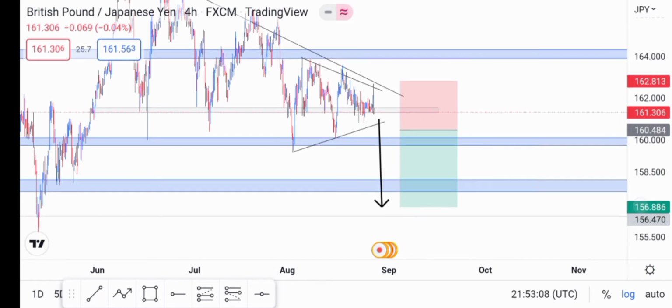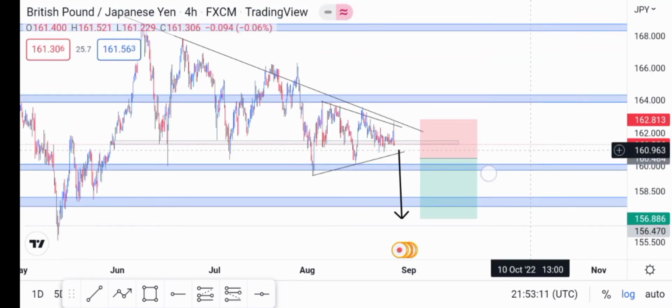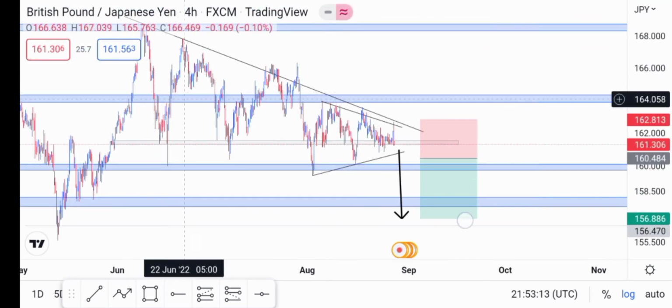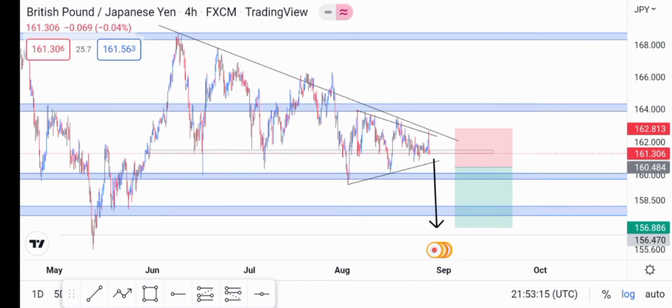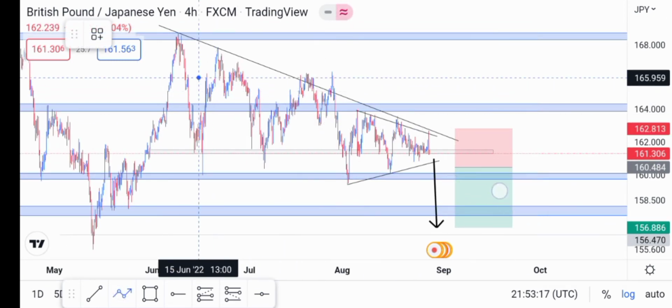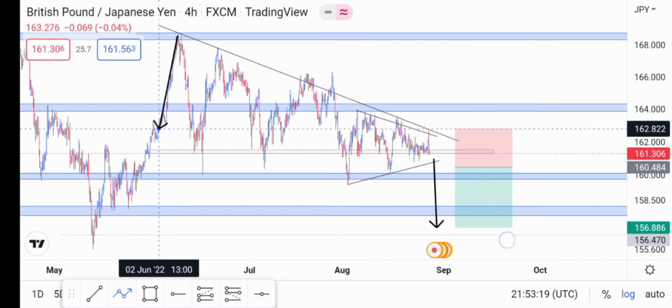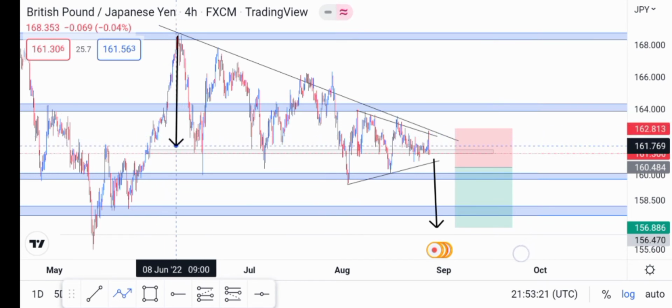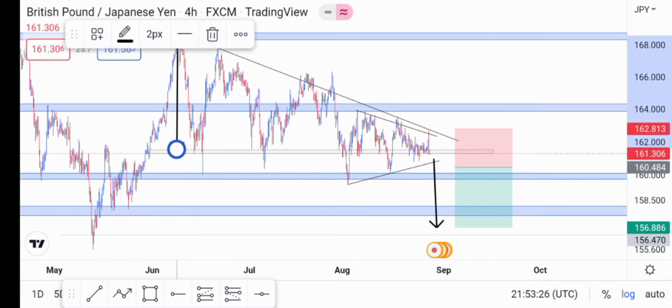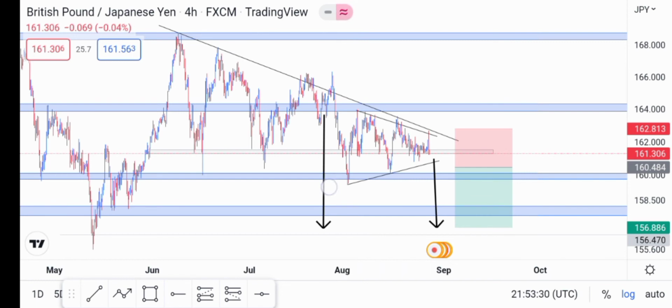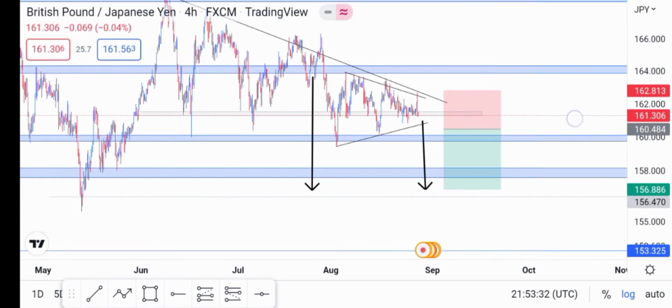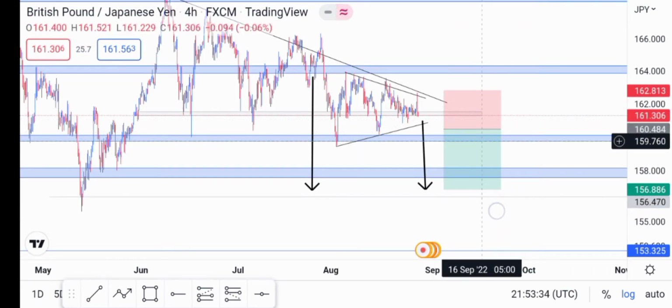And as you can see, you are seeing this pattern happening again around this huge triangle right over here, which means there's a high possibility that the market could push to the lower side. So let us keep on waiting on this one, but just use the current take profit I've just placed right over here.